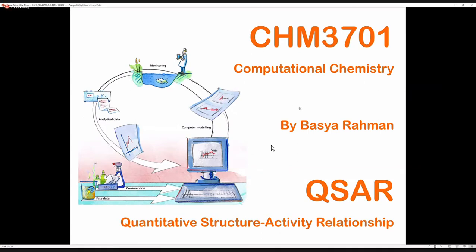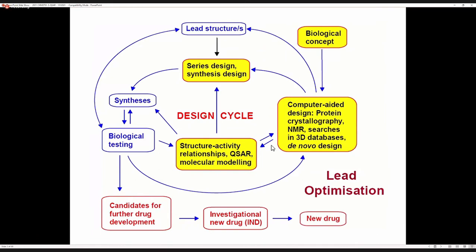Okay. So this is, for example, a design cycle for designing new drugs, or you want to produce new drugs. So you have this kind of cycle, right? Where you have several steps involved before the drugs can be, orang kata apa, test, clinically test, belum production lagi.